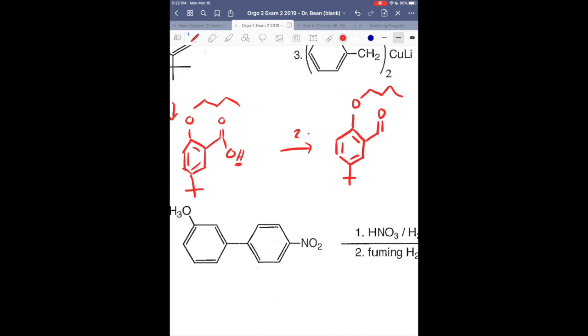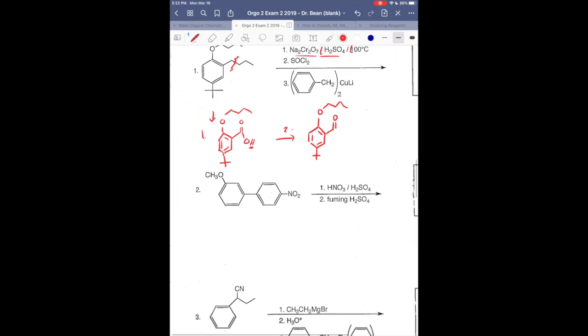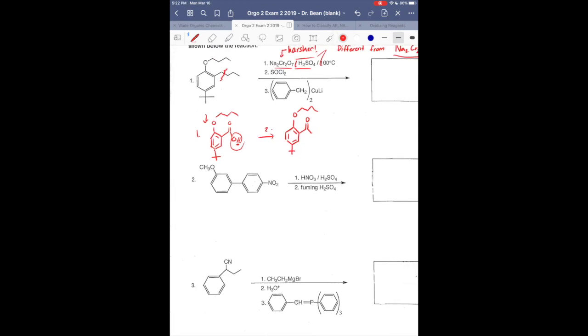So number 2 is going to affect this carboxylic acid over here. So is OH right here, is that a good leaving group? No, it's not a good leaving group. So if you want to replace it with something that is a good leaving group, you can use this SOCl2. You can replace it with a chlorine to make an acid chloride.